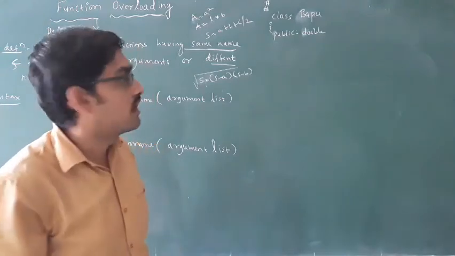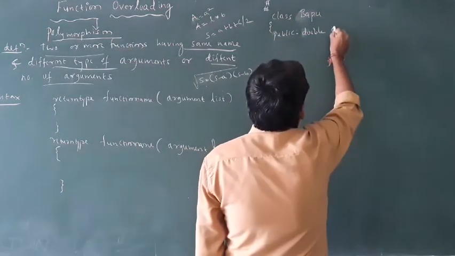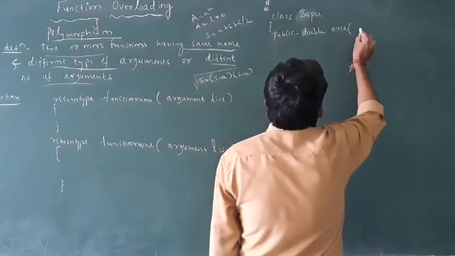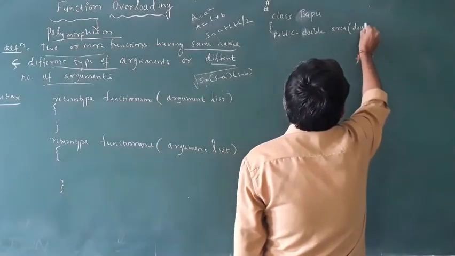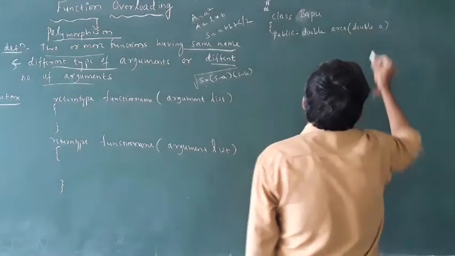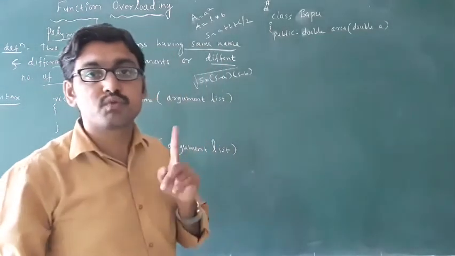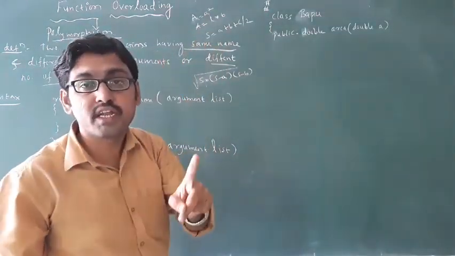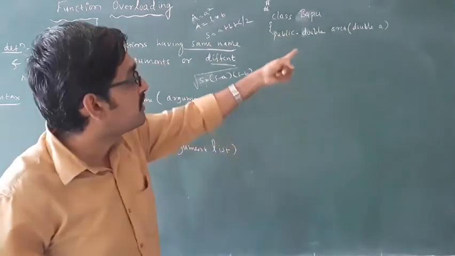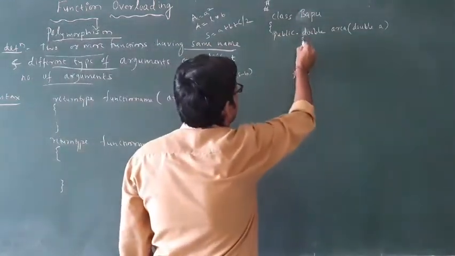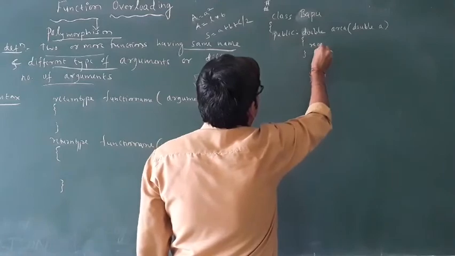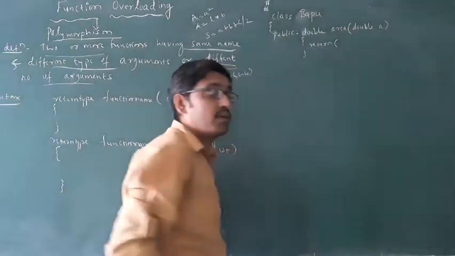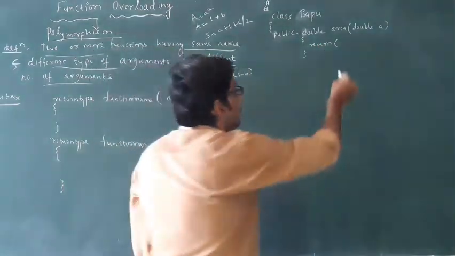Double area, and for the area of a square, how many arguments do you want? For the area of a square we want only one argument. That's why I am writing one argument here, then return. What is the formula for the area of a square? A star A.